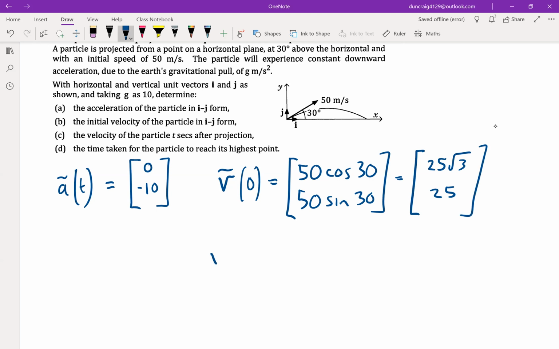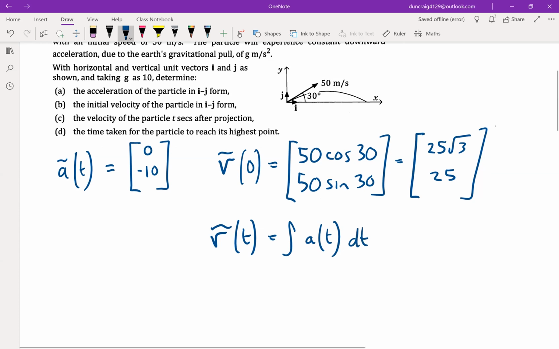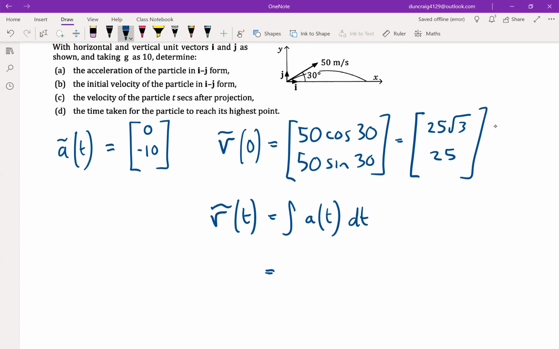And we know that the velocity at any particular time is the integral of our acceleration vector with respect to time. So let's go ahead and integrate that. That's going to be equal to 0 and minus 10t, plus some constant amount.